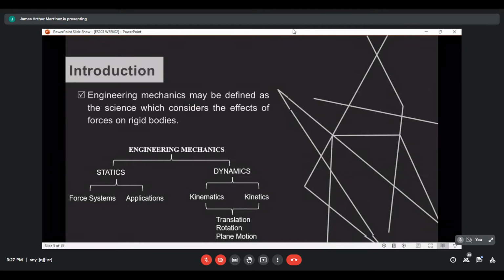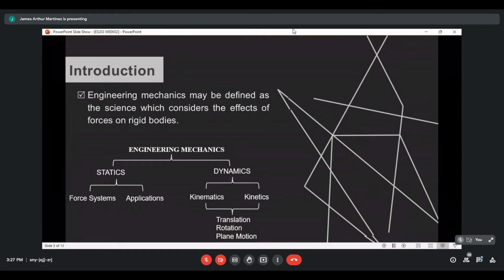And then in curvilinear translation, as the name suggests, the path being traveled has curves, so we consider the curvatures of the path.